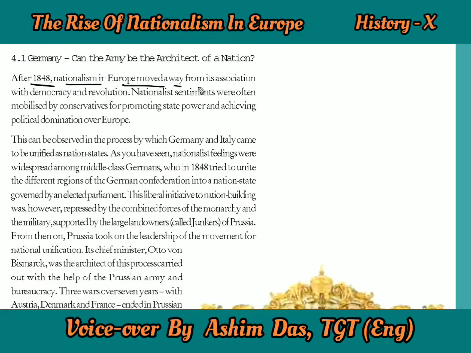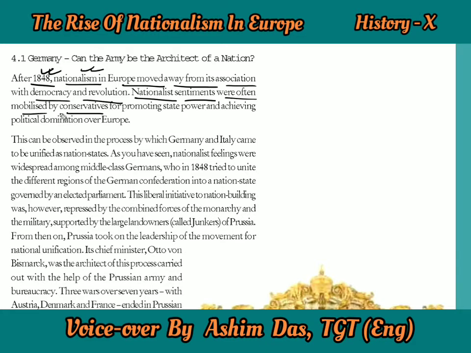After 1848, nationalism in Europe moved away from its association with democracy and revolution. After the year 1848, when the conservatives, the kings, had come back to power, democracy and revolution were not associated with the idea of nationalism.